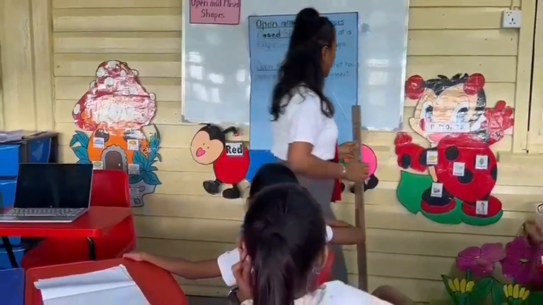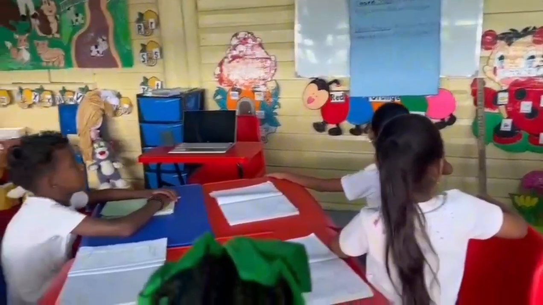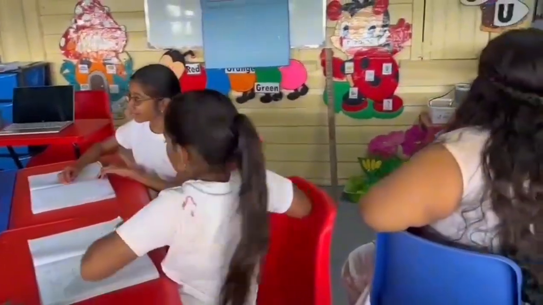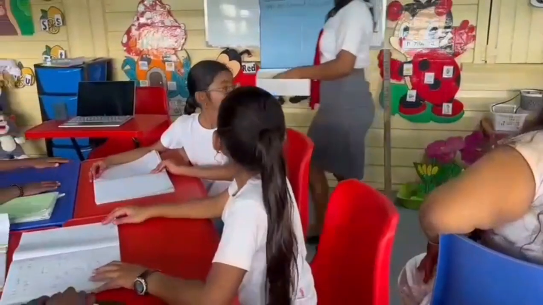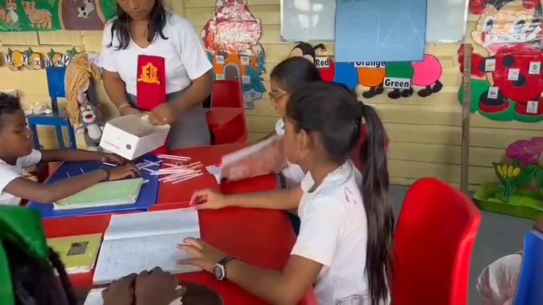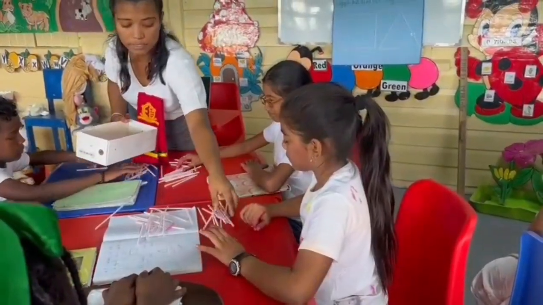Now we're going to go into a small activity that I would like you to do. You're going to make a closed or an open shape, either one of your choice. Work with your partner sitting opposite of you.